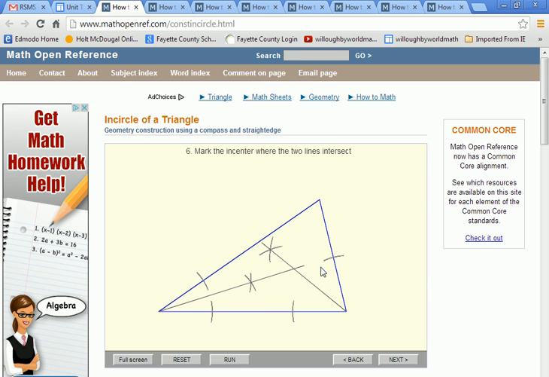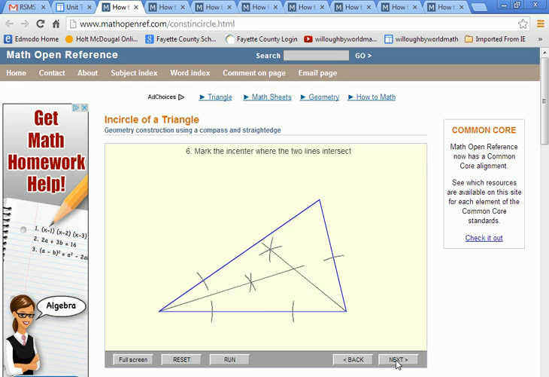This is the in-center. So this point right here is the in-center. Now the next thing it's going to walk you through is how to do a perpendicular from this point to a side. To do a perpendicular, it will start by putting the pointy part of the compass here, stretch it out, arc, arc, move, shift, arc, and then connect.